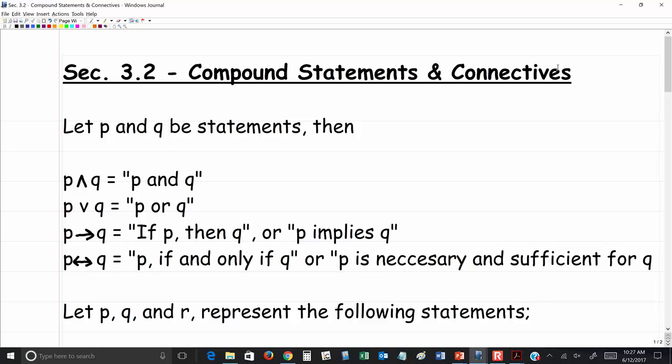Some and at least one are basically the same thing.